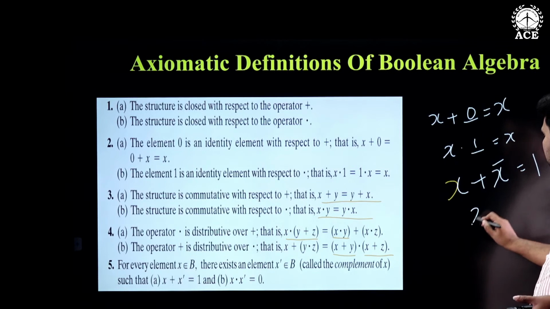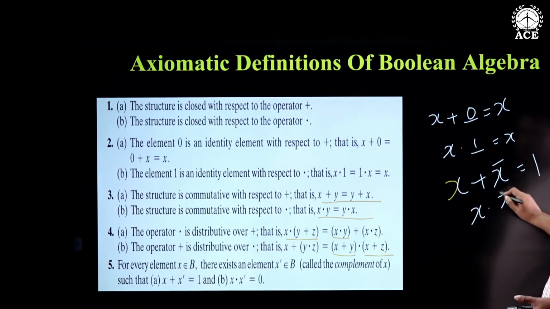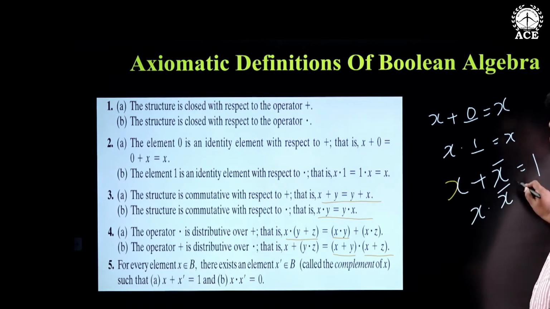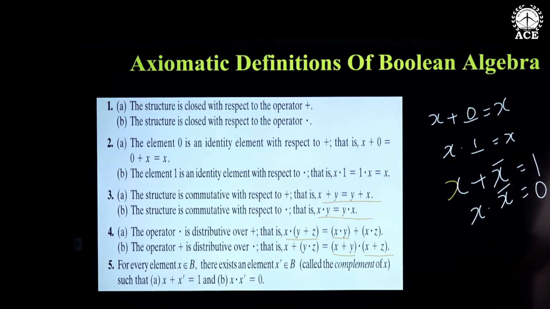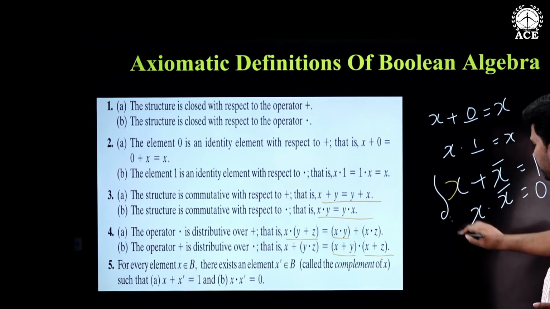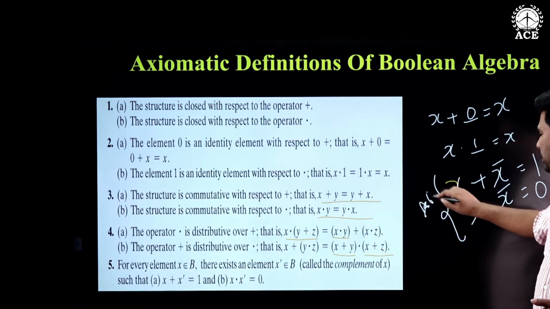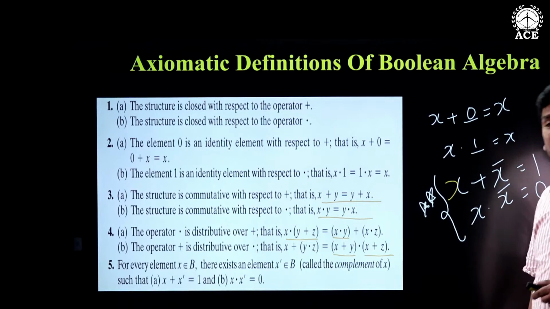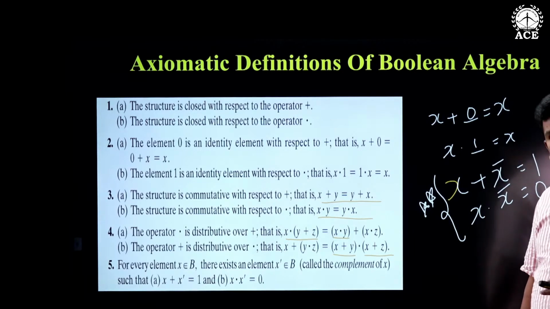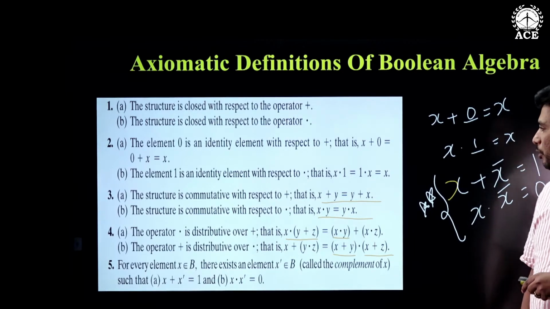And when you do the product of a variable with its complement, the AND result is 0. So this is a very, very important property which we have to remember. Please remember, X OR X complement equals 1 and X AND X complement equals 0. These two are very, very important properties. We are going to use them a number of times during this session. Right.